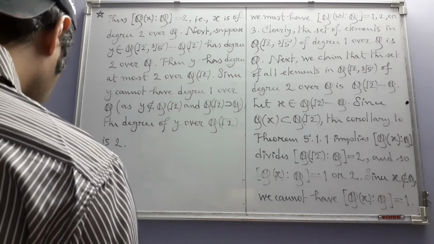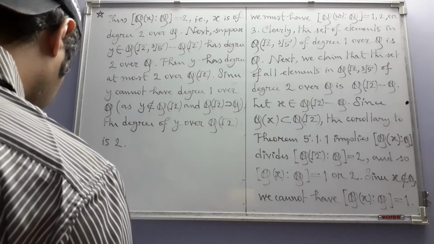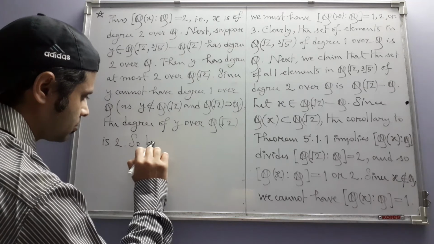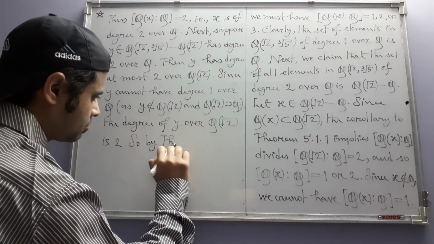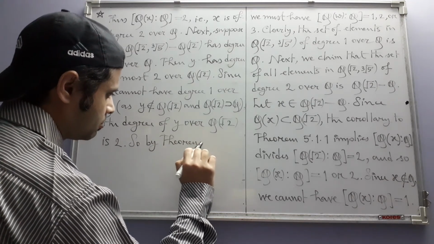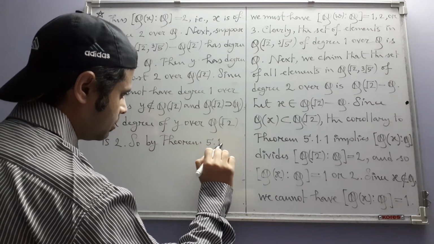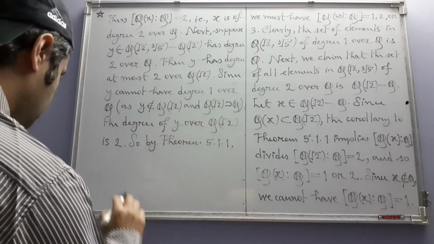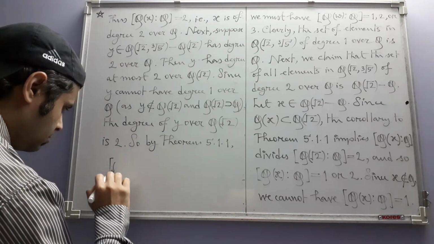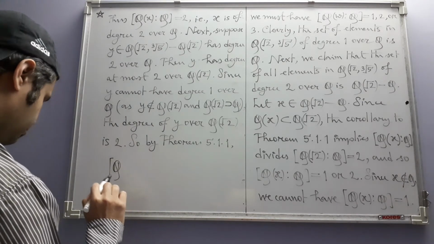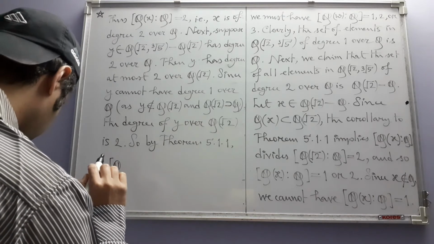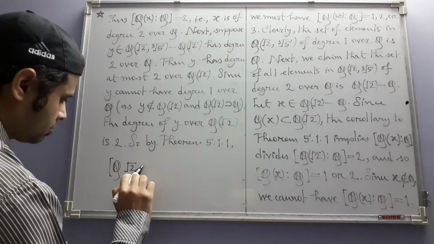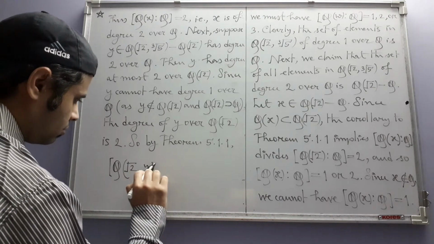But then what goes wrong? Okay, so by theorem 5.11, the degree of Q(root 2, y), okay, over what?